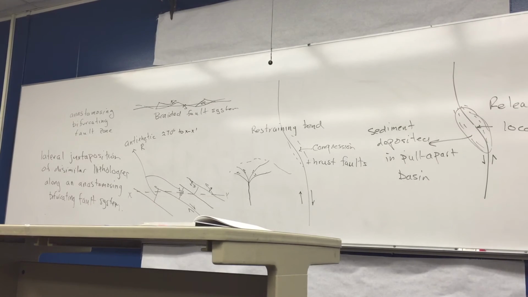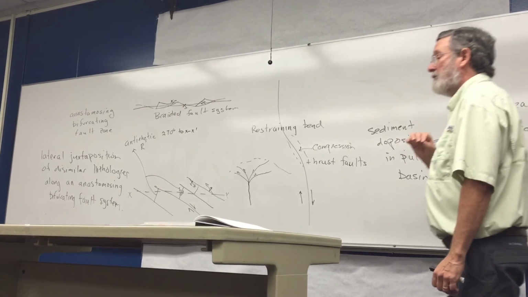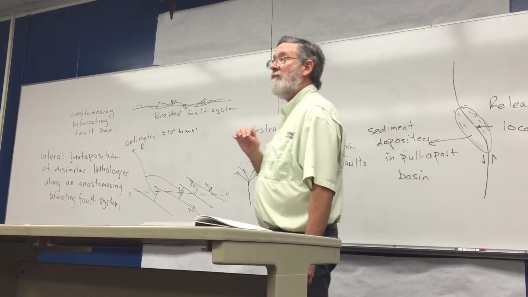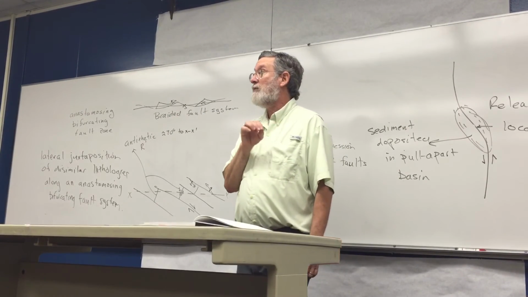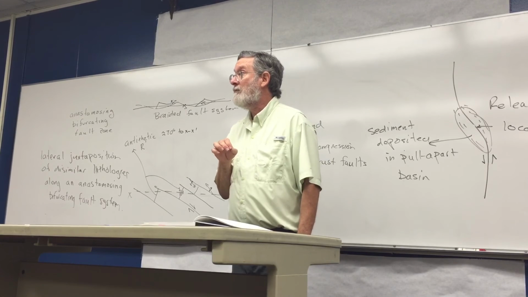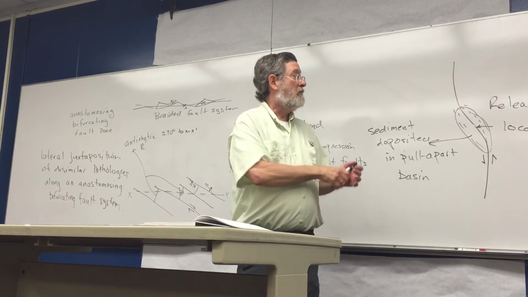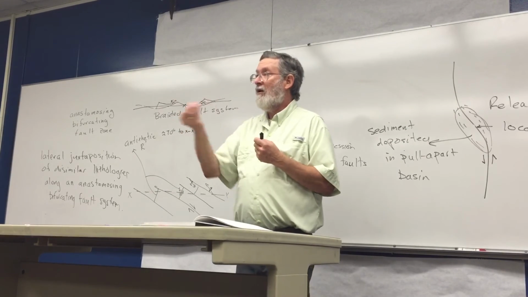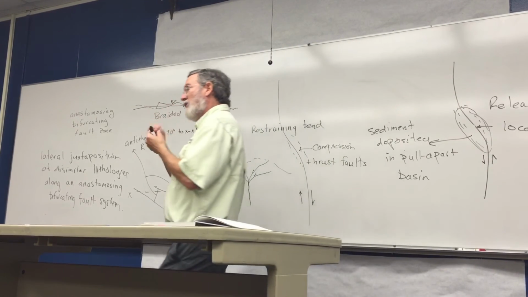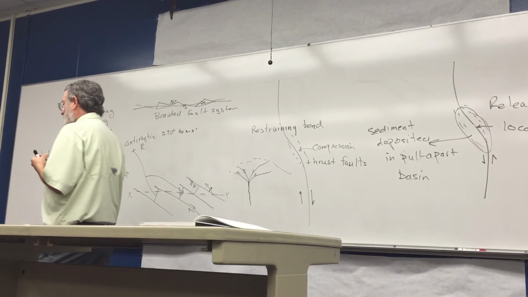That's one of the great classic strike-slip fault systems in the world. About 600 kilometers of net offset on that particular strike-slip fault system. But we see releasing bends, we see restraining bends, we see all of these different characteristics along the San Andreas.